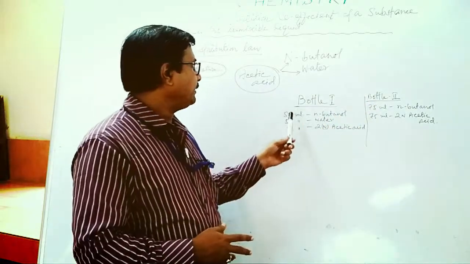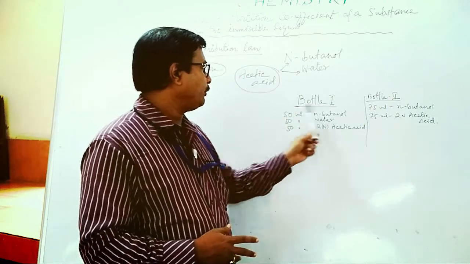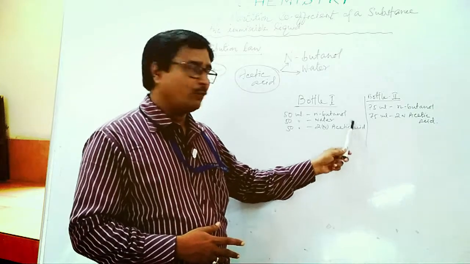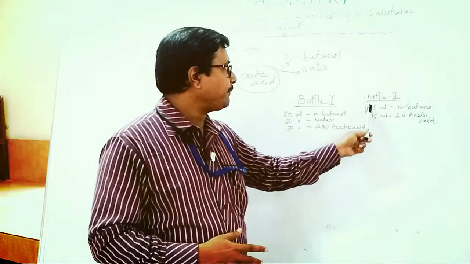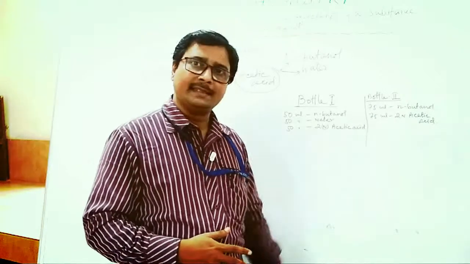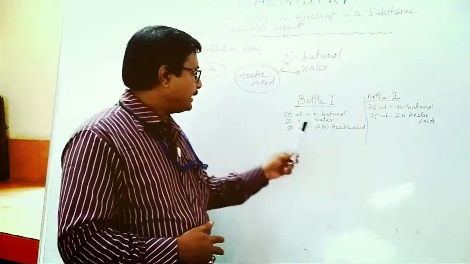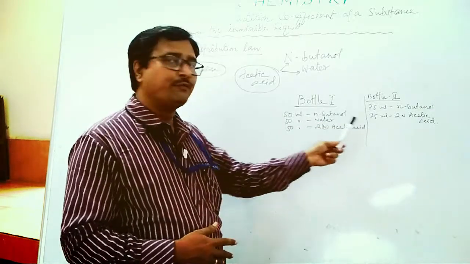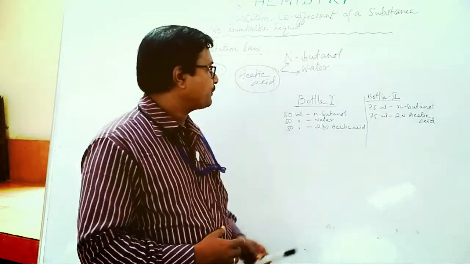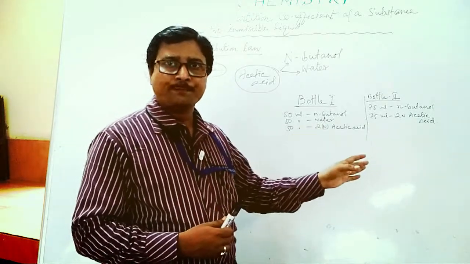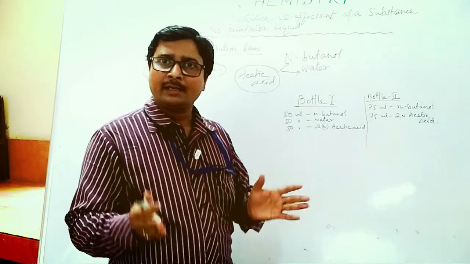In bottle 1 we take 50 ml of n-butanol, 50 ml of water, and 50 ml of normal acetic acid. In bottle 2 we take 75 ml of n-butanol and 75 ml of normal acetic acid. You see, in the two bottles the volumes are different. After shaking the two bottles, layers are formed.